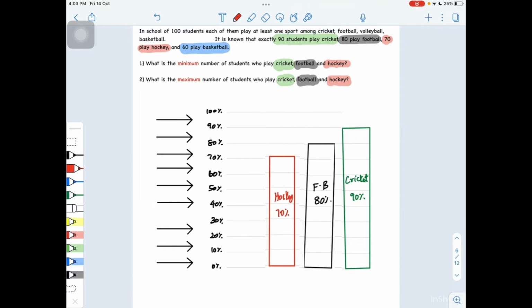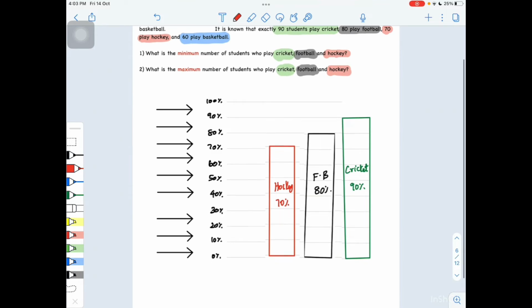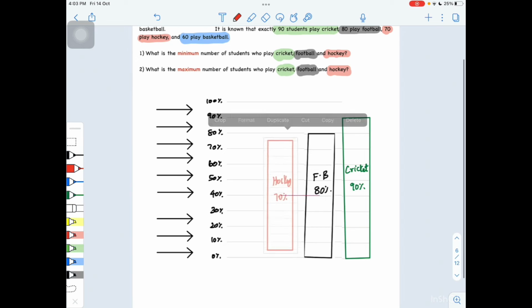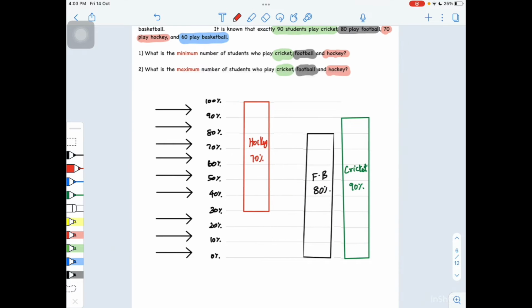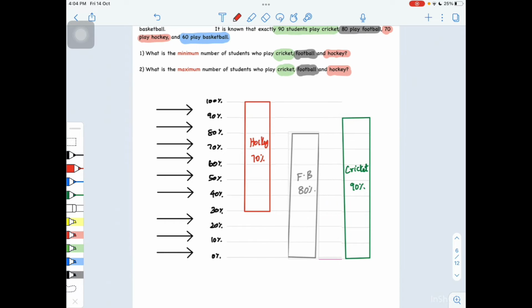Now in these filters, once again we'll have to go step by step. So I want minimum number of people who are playing cricket, football, and hockey. If I want minimum, I need the filters to be as apart as possible. So let's take the hockey filter, and let's push this hockey filter as high as possible, and let's keep the football filter as low as possible.